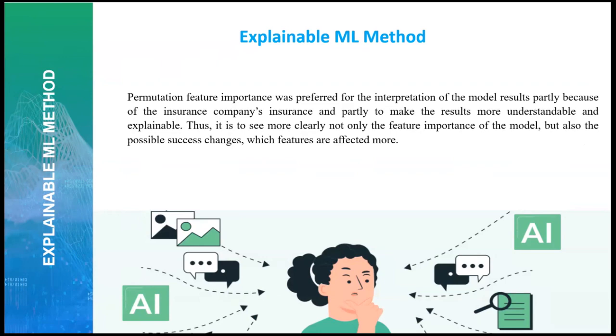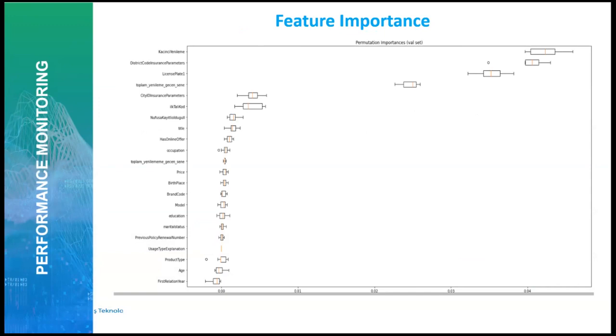So permutation feature importance was preferred for the interpretation of the model results, and we sent the customers and business outputs showing the most effective features in box plots of the permutation feature importance. As we can see, the most affected features are in the box plots and the permutation importance table.